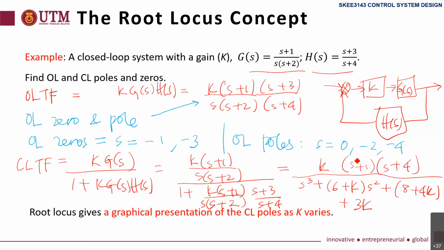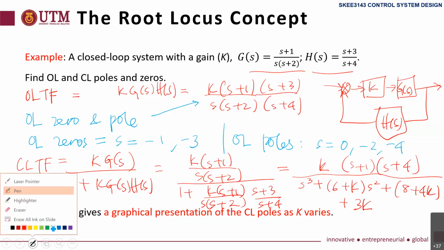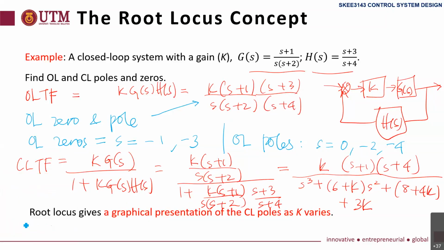Please do this later. So from here, we can get the closed loop zeros as S equal to -1 and -4, and the closed loop poles.